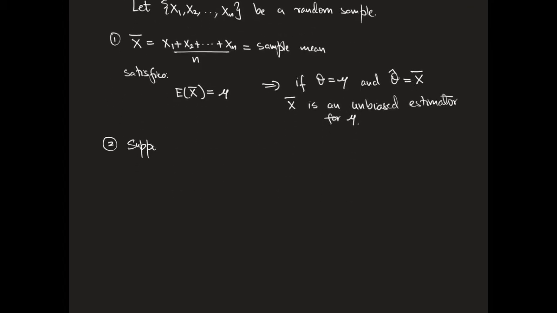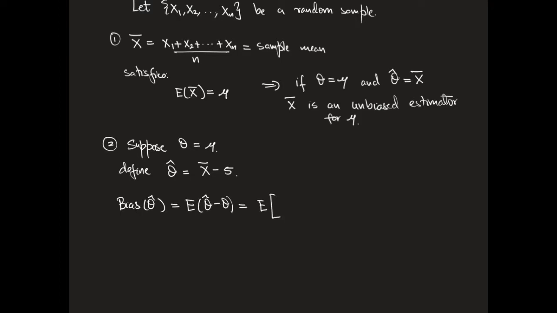We can work out another example of an estimator for mu. Let's define theta hat to be X bar minus 5. In this scenario, a simple calculation shows that the bias of the estimator is going to be the expected value of X bar minus 5 minus mu, which equals minus 5.